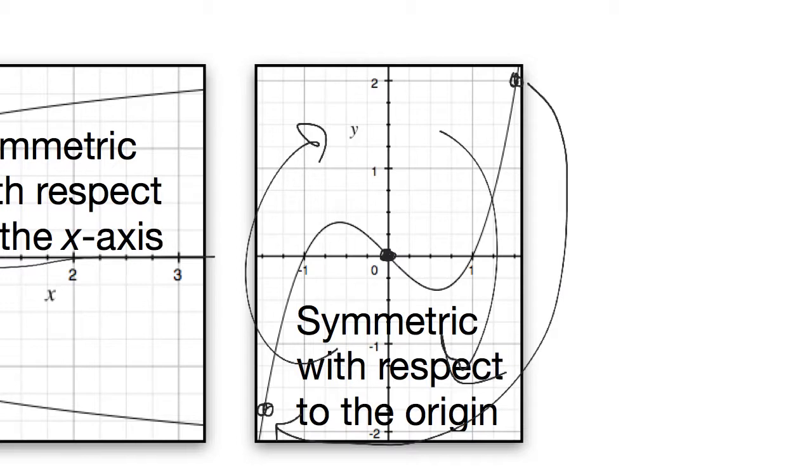If you just completely rotated it half a circle all the way around, then this point would land right here, and this point would land right here. And in fact, you would have a copy of itself if you rotated it about the origin. And when that happens, we say that it's symmetric with respect to the origin.